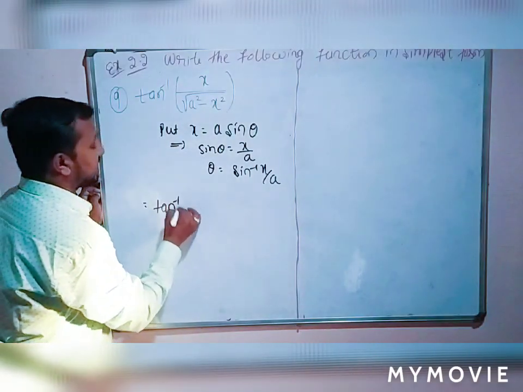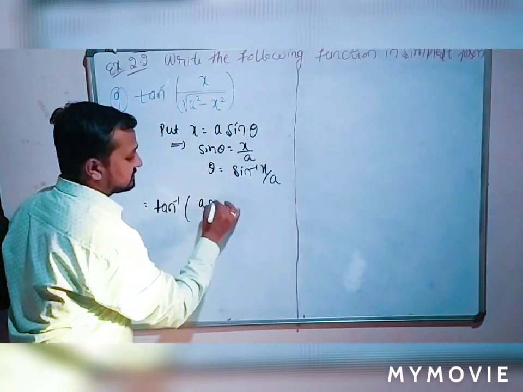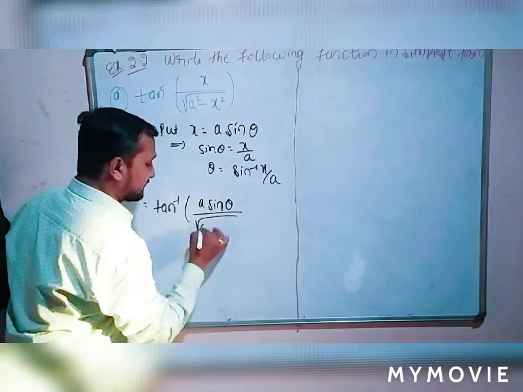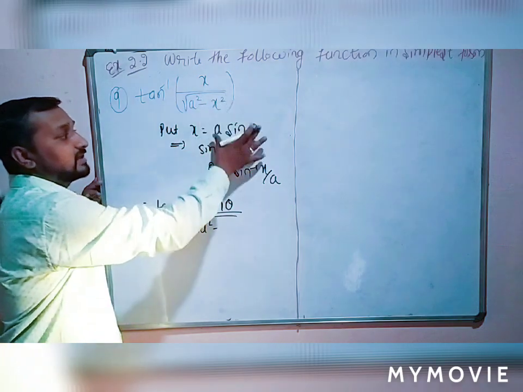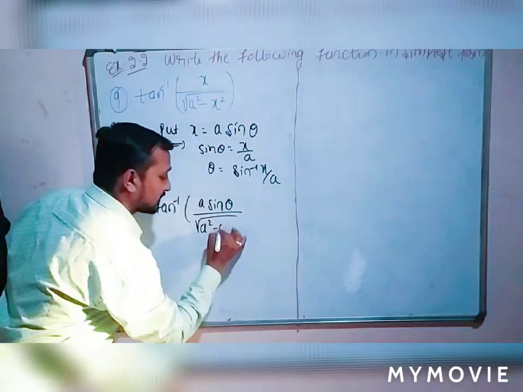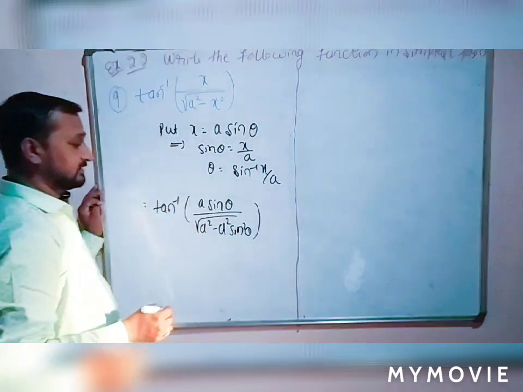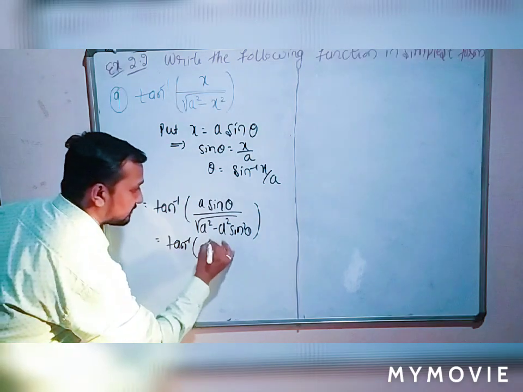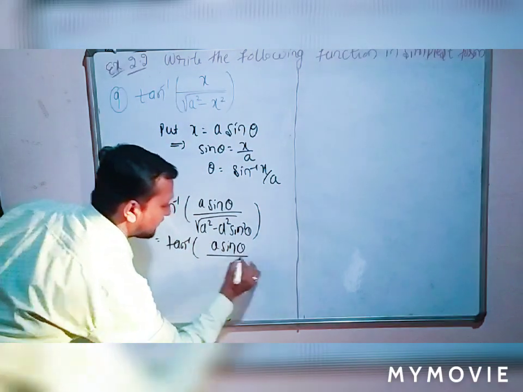So that is equal to your step: tan inverse of x, which is nothing but a sin theta, whole divided by root of a square minus x square, which is nothing but a square sin square theta. Is that clear? Here in the numerator take a as common, sin theta as it is.